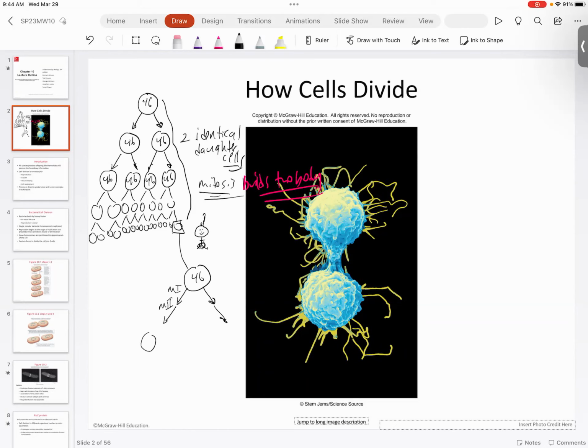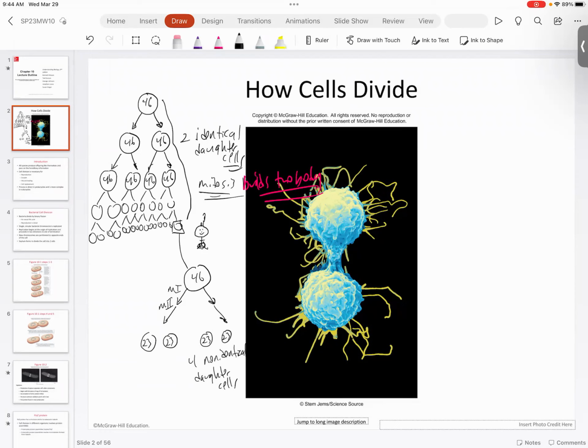But here what's going to happen is you're going to create now instead 4 non-identical daughter cells. With how many chromosomes? 23. So you can see it's already a little bit different, isn't it, than mitosis.